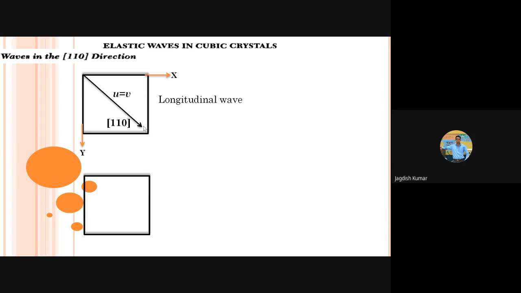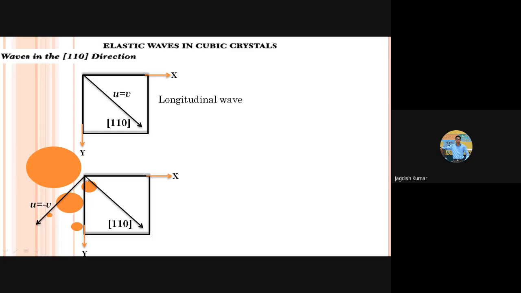Similarly, the other case was for u equals minus v. So again, the x-axis and y-axis are like this, the same situation. This is your 110 direction as usual. So now, what is u equals minus v? Or v equals minus u, you can say both ways.